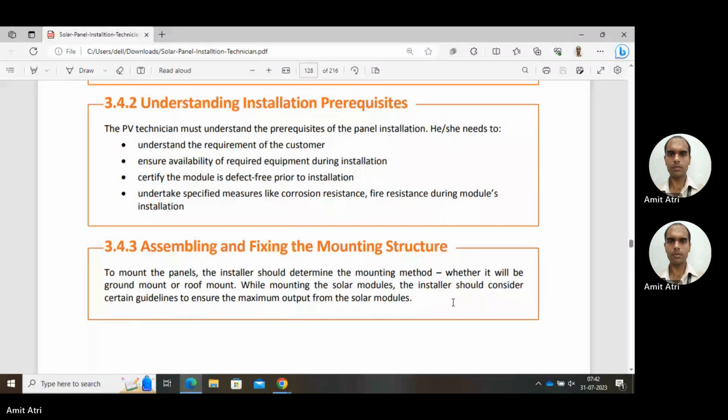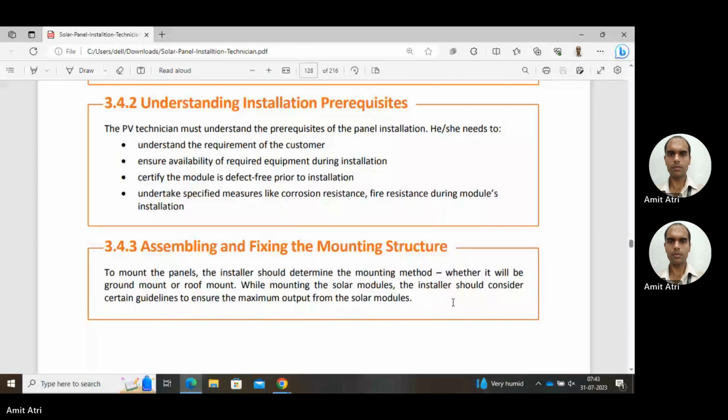So humidity, rain, water, it is most probable that our module will be dealing with these environmental situations. So proper precautions which are needed should be taken to protect from corrosion, from fire, this type of unfavorable environmental conditions. And next is assembling and fixing the mounting structure.